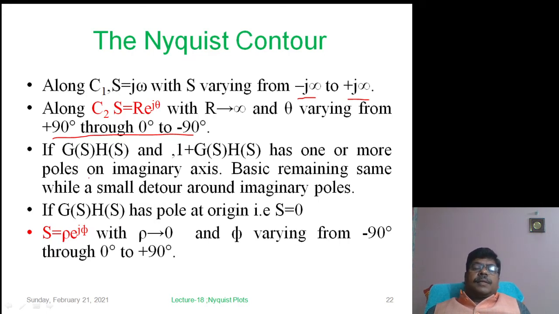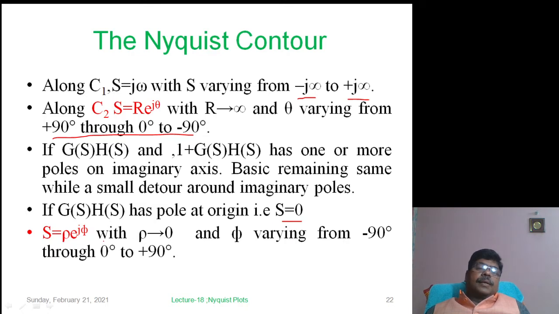Another thing may happen: any point or any pole may lie on the imaginary axis, at the origin, meaning S equal to 0.